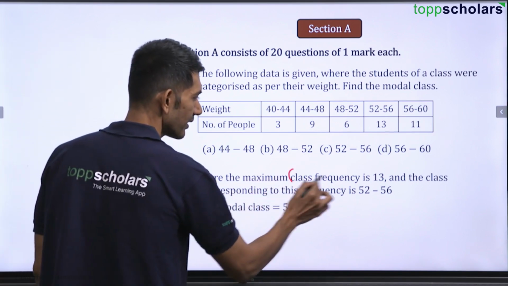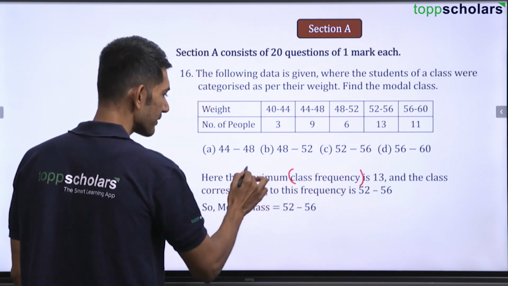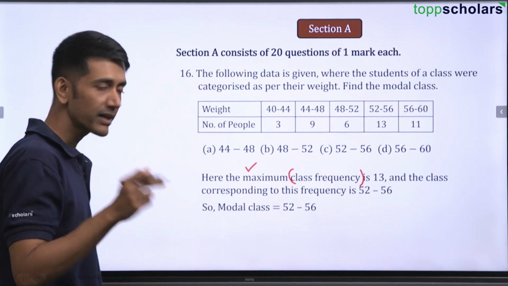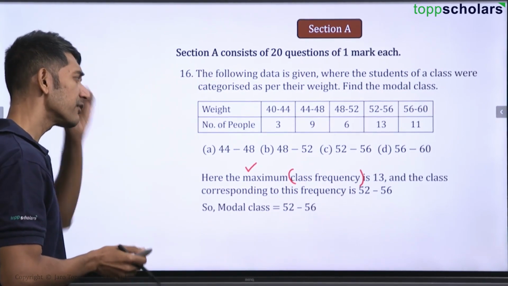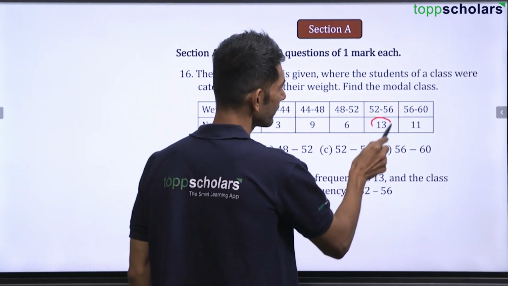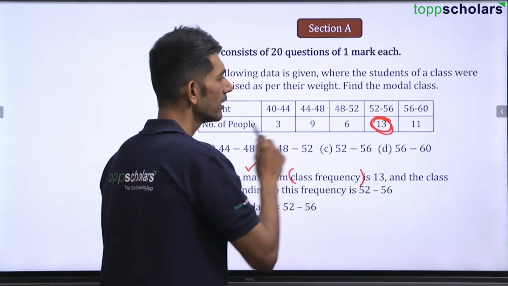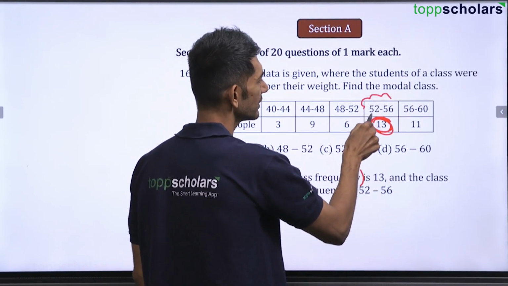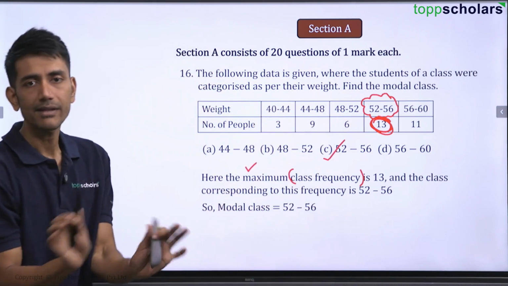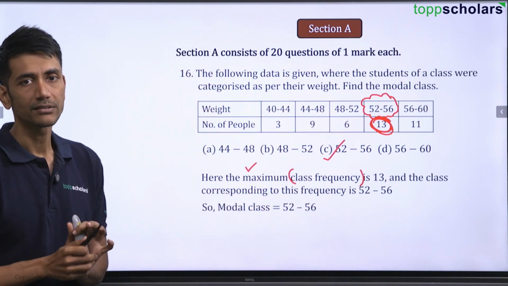Highest frequency. Class frequency maximum. You have to see which class has the maximum frequency. So tell me which class has the maximum frequency. First of all, identify the maximum frequency here. The maximum frequency is 13. And what is the class? The class is 52 to 56. So 52 to 56 is your final answer. That's it. That is your modal class.